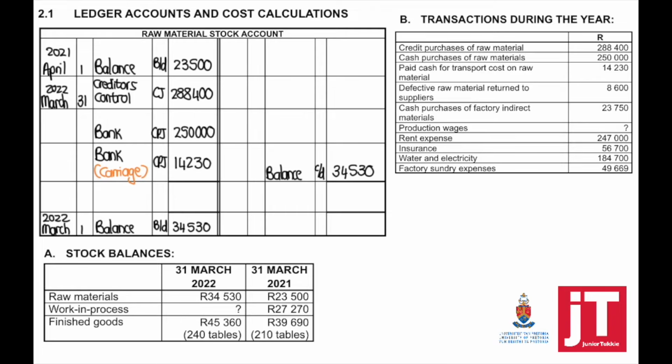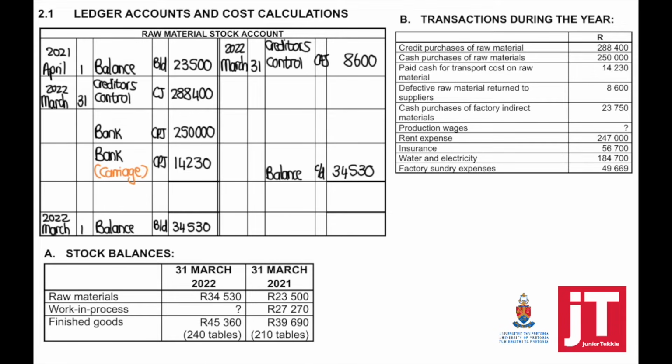And if it's cash, from the CPJ, our details is bank, 14,250. Then it says defective raw materials return to the suppliers. This means we've taken some of it back, which means that our assets will decrease on the credit side. So from the creditors allowance journal, our details is creditors control and the amount was 8,600.